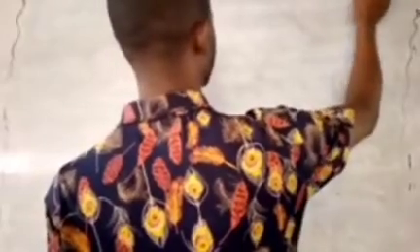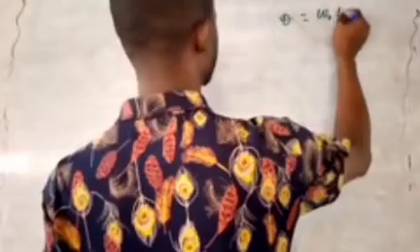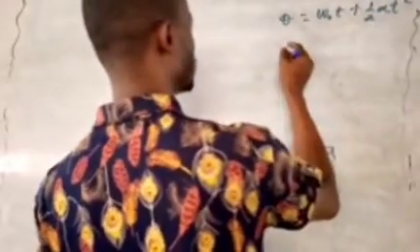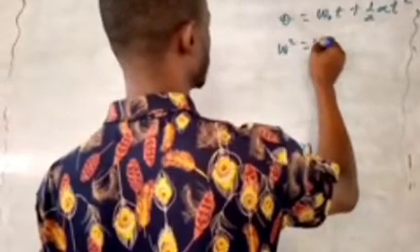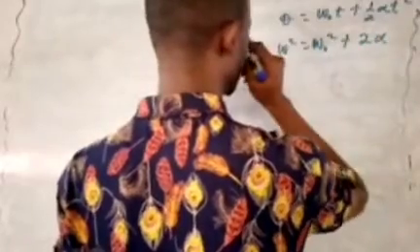The first one is W equals W naught plus alpha t. The second one is theta equals W naught t plus half alpha t squared. The third one is W squared equals W naught squared plus 2 alpha theta.